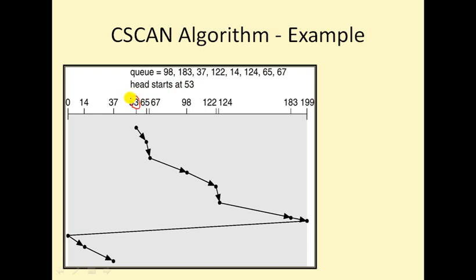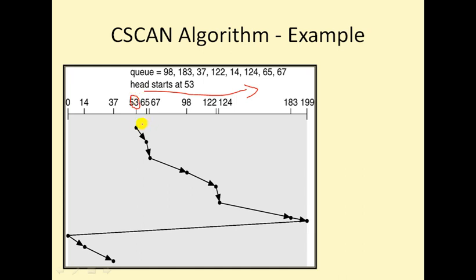From 53, based on the direction given, we have to move in this direction. From 53, whatever greater value is available in the queue, you have to move the head from this position to that position.